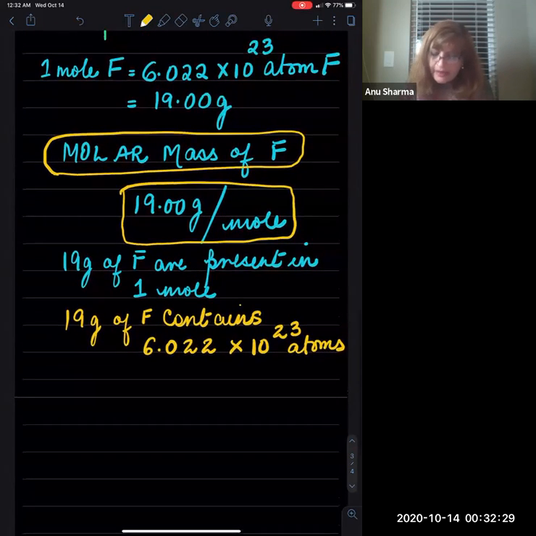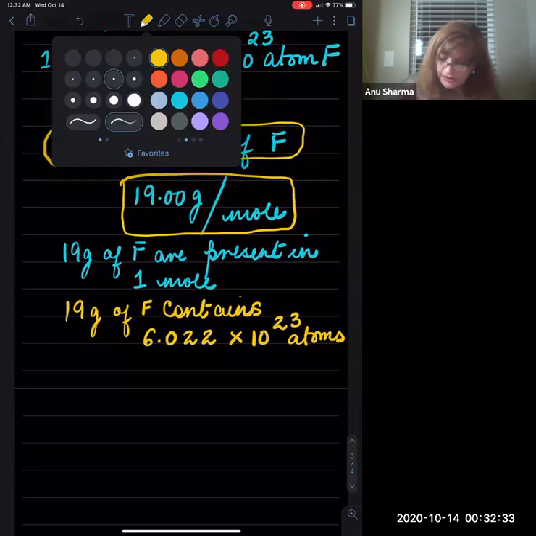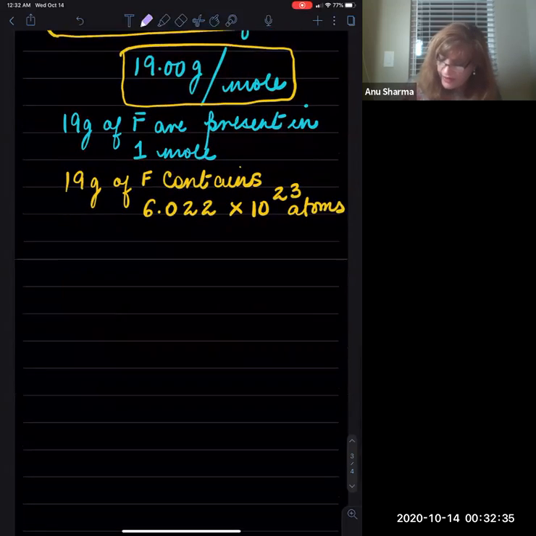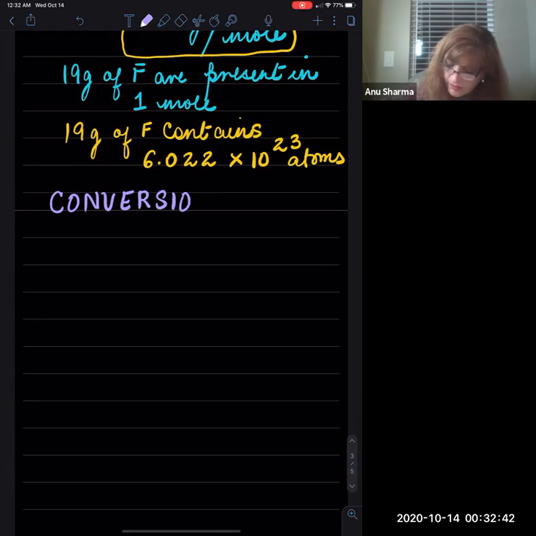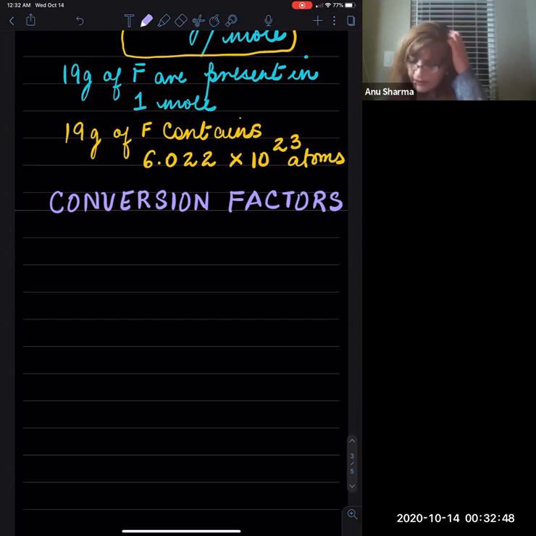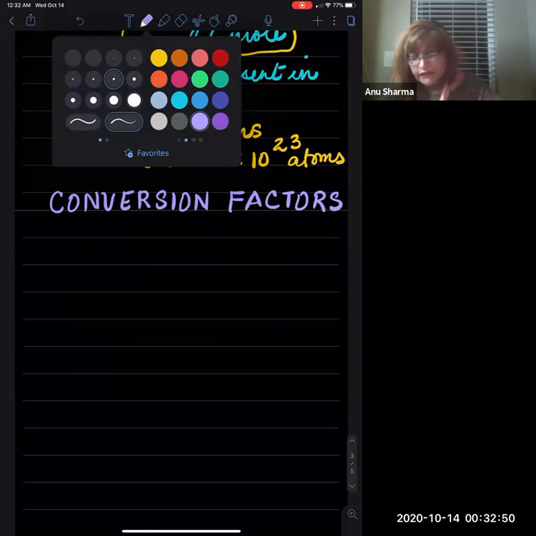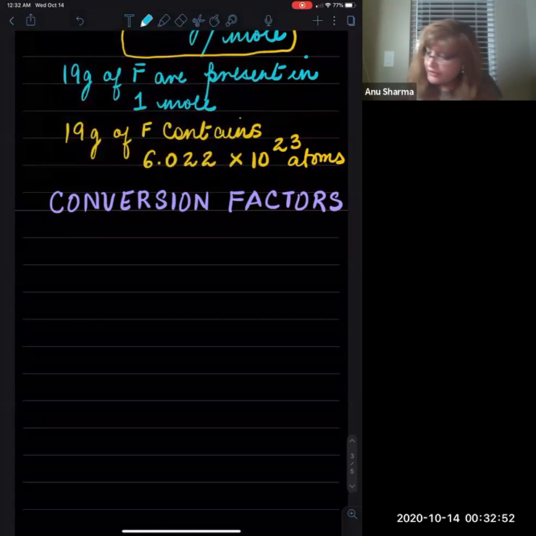Now let us look at the different types of conversion factors. Let's say, for example, let's look at aluminum.